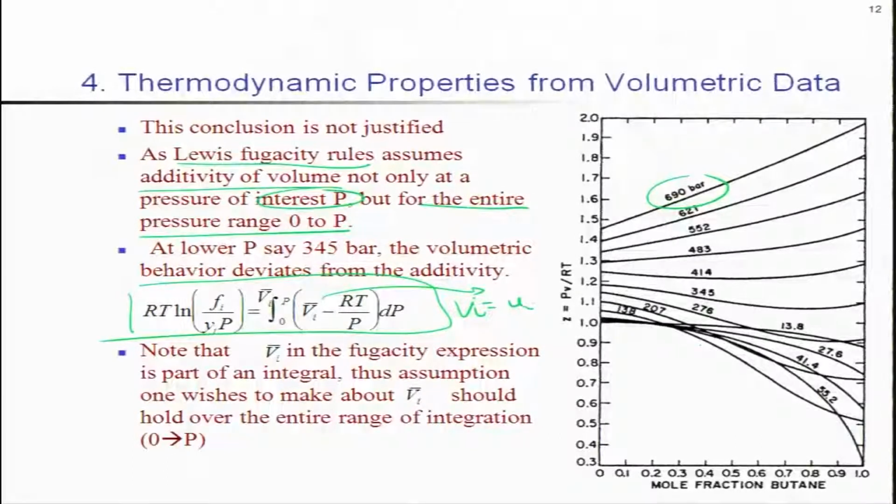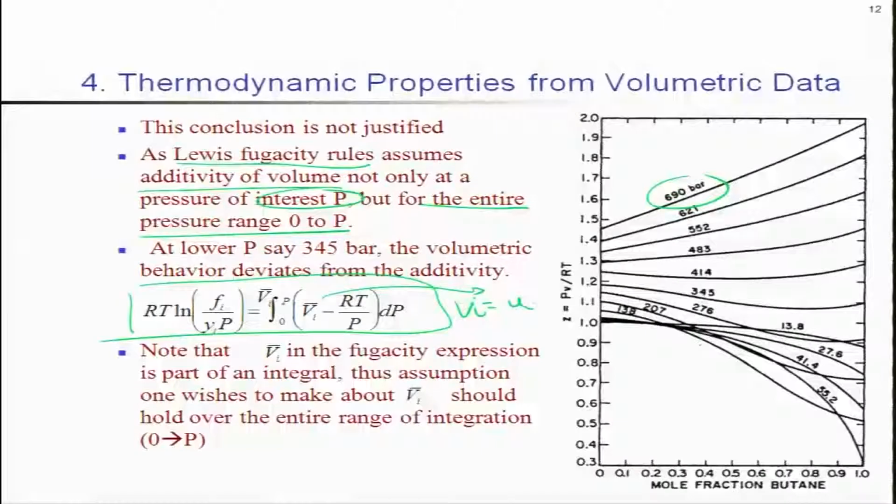Sir, why are you taking a linear curve only? No, this is not a linear curve. This is the data which we got from the literature. So you have done an experiment, calculated the compressibility and plotted it against the mole fraction. Along this line, the temperature and the pressure are fixed, because the temperature is 171.